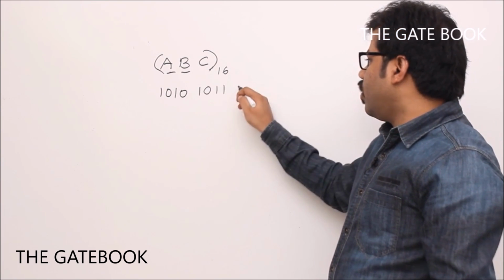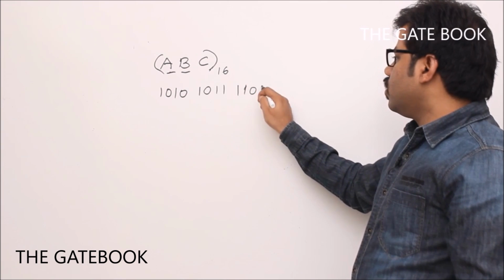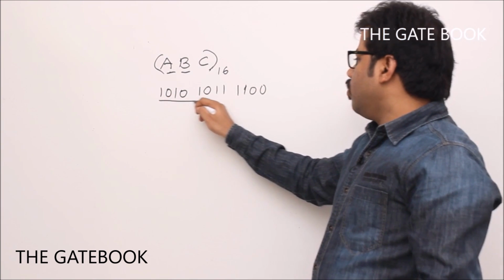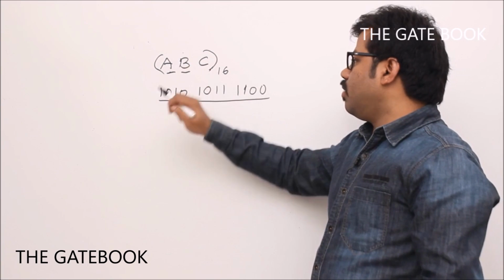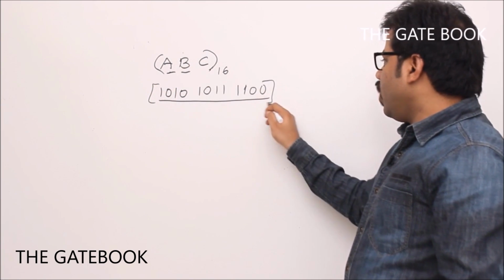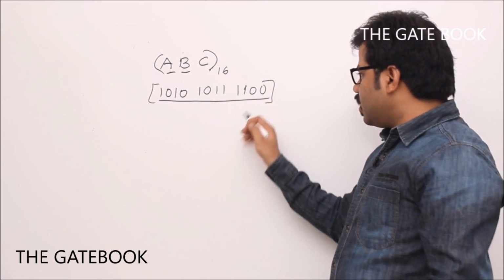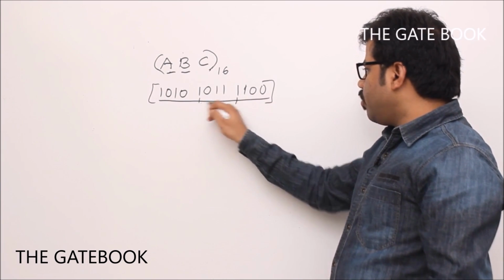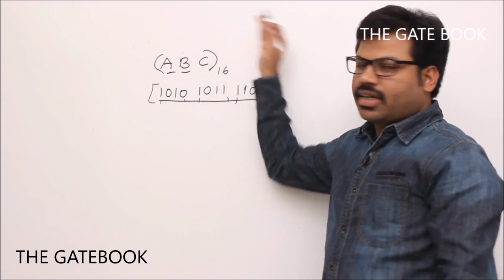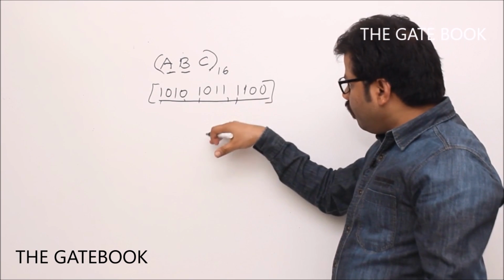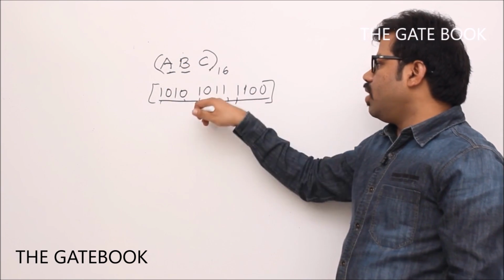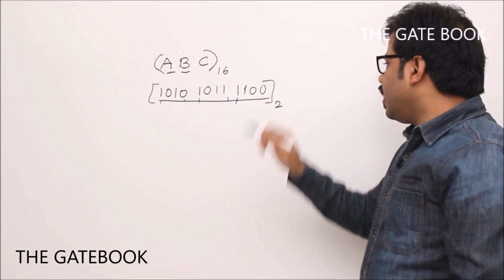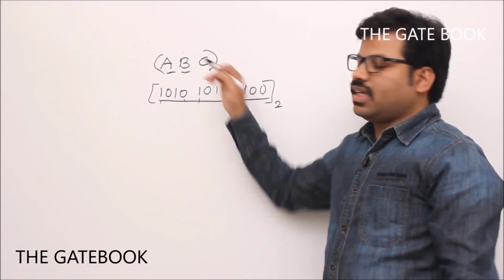Next, C means 12, 1100. This is the binary format of this hexadecimal number. Let's cross check. Whenever you have this, how to convert to hexadecimal? This one separate, this one separate, this one separate. If you do that, you get ABC back. So in that way, we can easily get the binary representation for any hexadecimal.